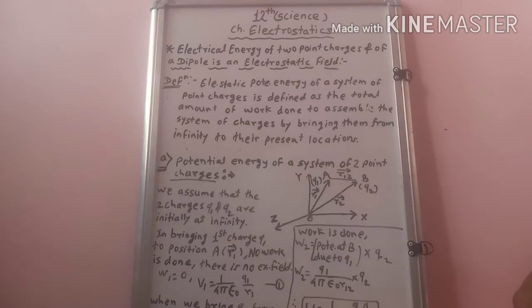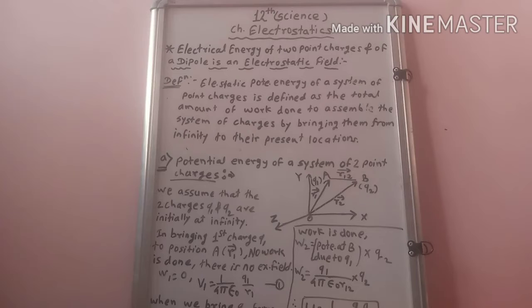First one is electric potential due to a point charge. Second one is electric potential due to an electric dipole, and third one is electrostatic potential due to a system of charges. In these three points, we determined the equation of electric potential.